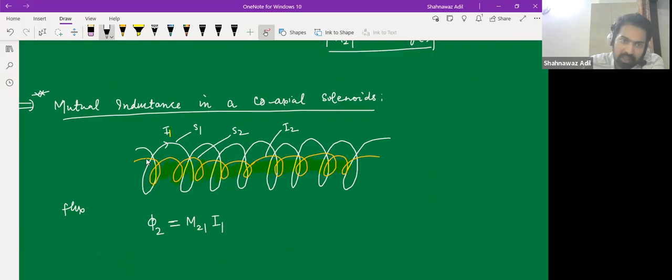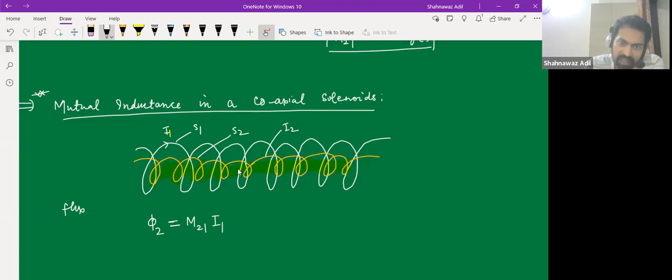Due to this I1 current, some magnetic field lines pass through the second one. If magnetic field lines cross through these areas, then there is some flux, and this is proportional to current I1. That's why we remove the proportionality and we get this inductance. But this is for one turn.